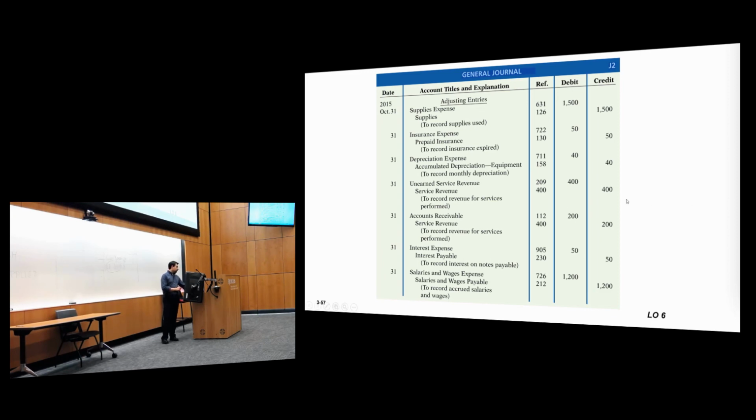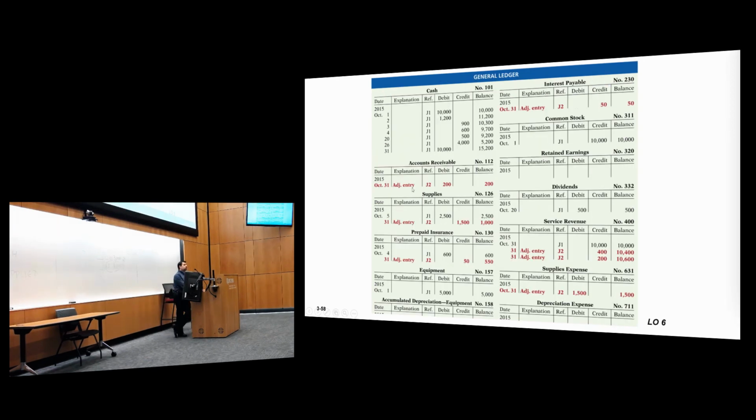As you can see here, you have a header that is called adjusting entries. This is to explain that this entry came from those adjustments. As you can see, the date is always the end of the month, the end of the accounting period. Okay? Any questions?